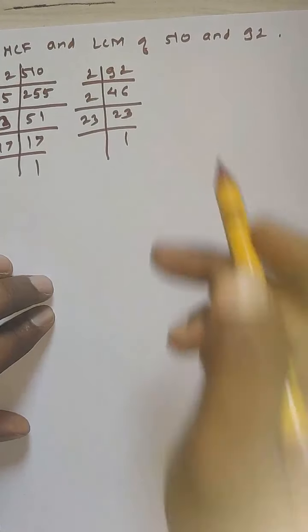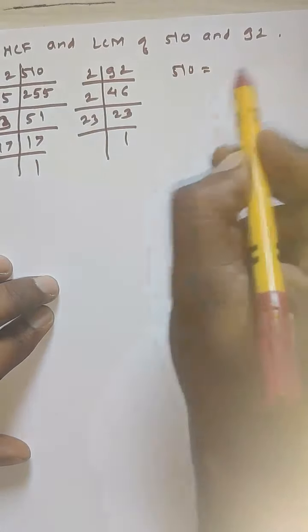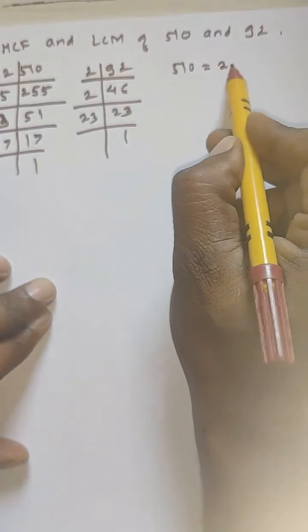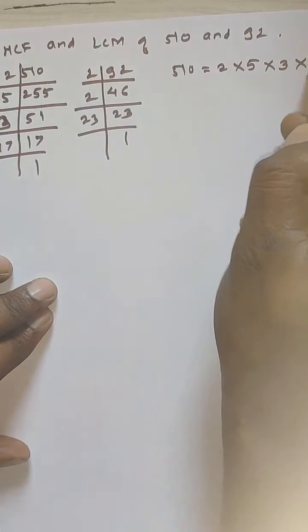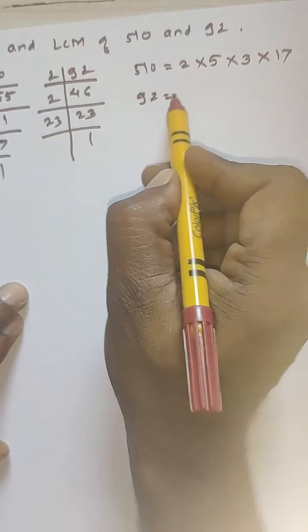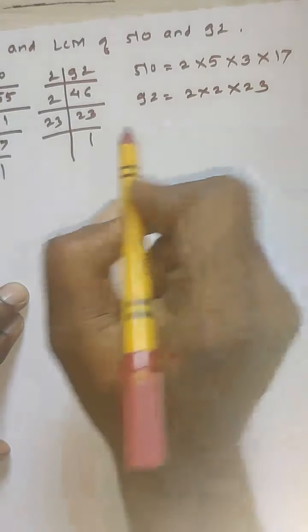Okay, so you can now write 510 as a product of its primes. So 510 will be 2 into 5 into 3 into 17, and 92 you can write as 2 into 2 into 23.